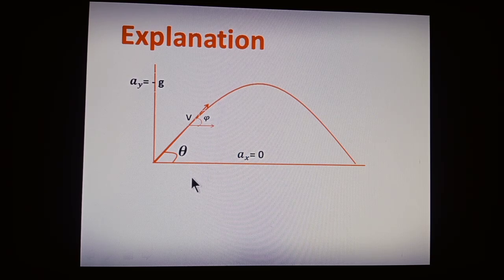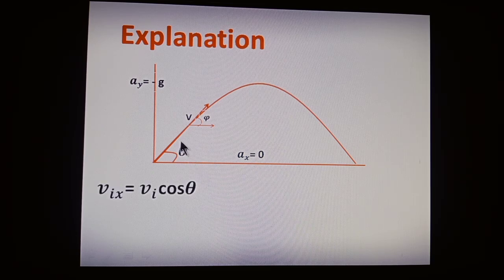So applying first equation, students, we will apply equations of motion separately along x-axis and y-axis. Applying first equation of motion along x-axis, the initial velocity along x-axis is equal to vi cos theta, and the final velocity along x-axis vfx is equal to vi cos theta plus ax t.